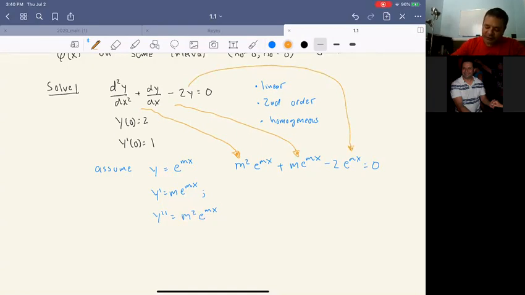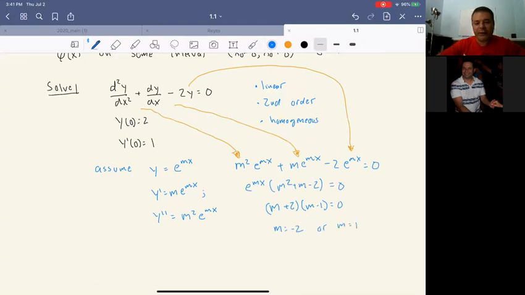So factoring out the e to the mx, m squared plus m minus 2 equals 0. This, of course, factors: m plus 2 times m minus 1 equals 0. So m equals -2 or m equals 1.